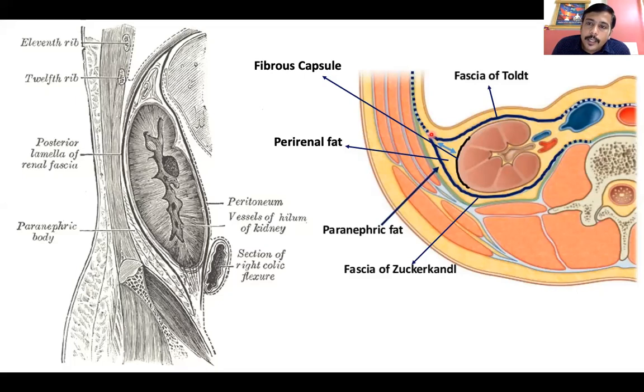The anterior layer is named the fascia of Toldt, and the posterior layer is named the fascia of Zuckerkandl. Outside the renal fascia, we have the paranephric fat, which is more on the posterior side than the anterior side. If this paranephric fat is less, then there is a chance of nephroptosis. I guess it was clear.